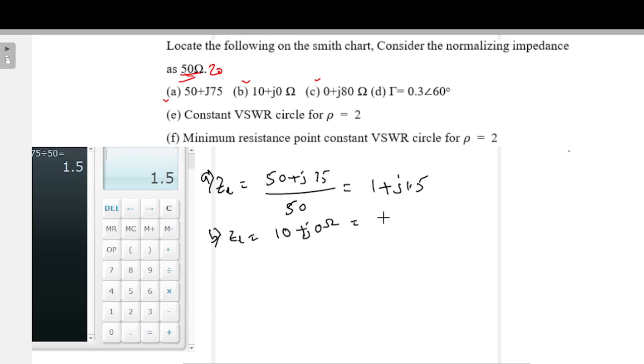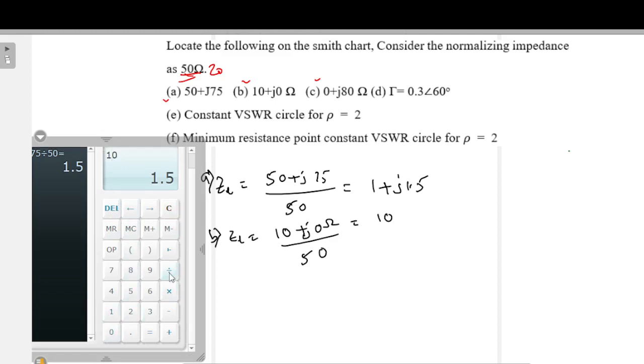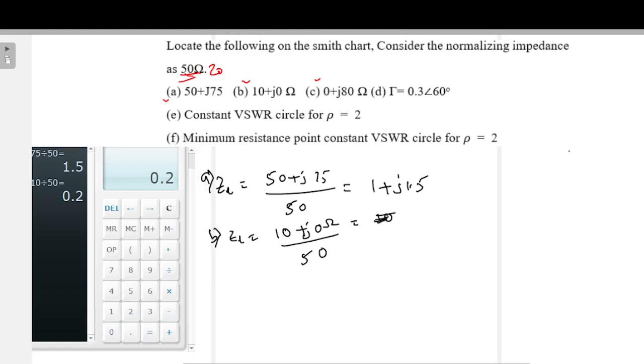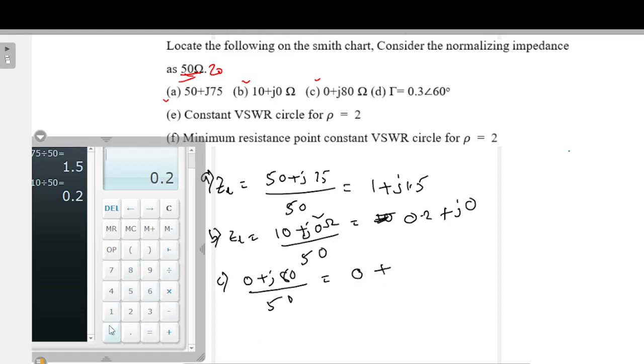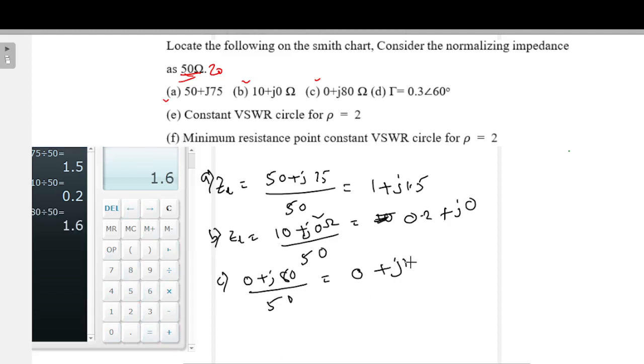That is 10 divided by 50, which gives 0.2, and the imaginary part is 0, so 0.2 plus J0. The next point is 0 plus J80 divided by 50, so that is again 0 plus, and 80 divided by 50 is 1.6, so J1.6.